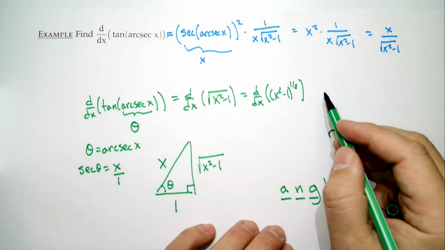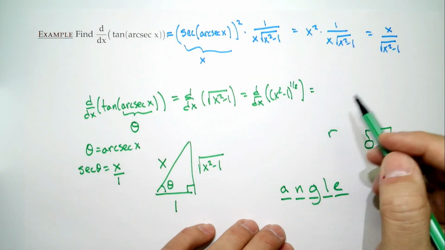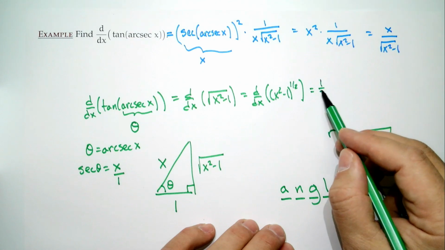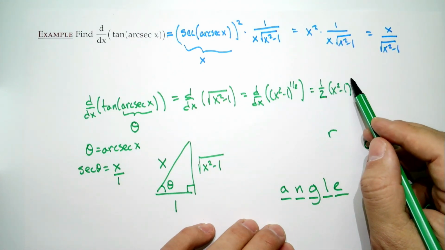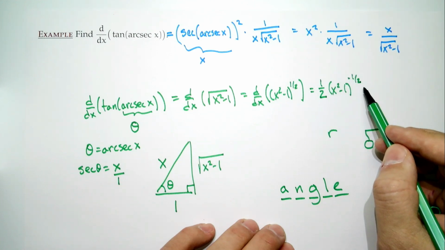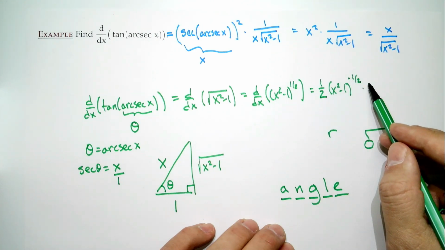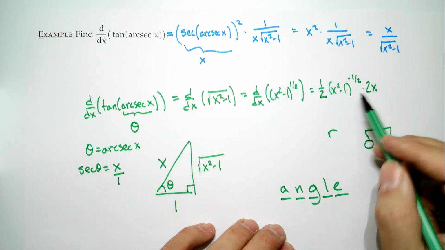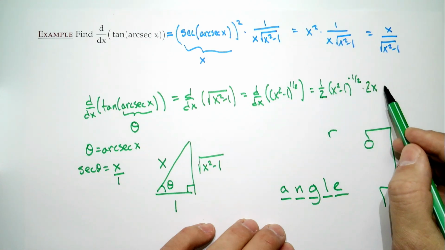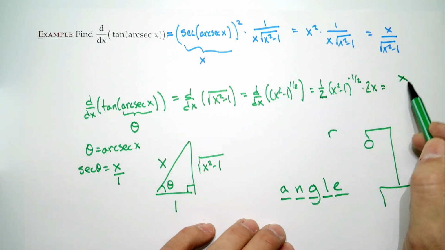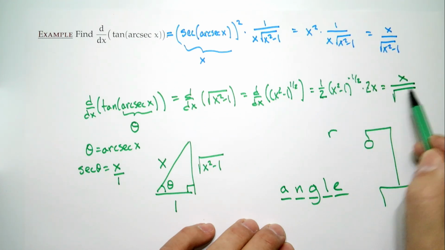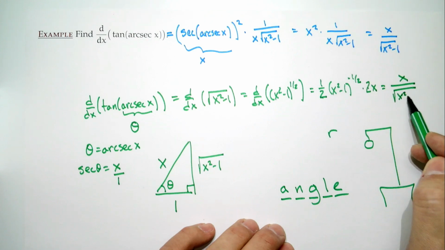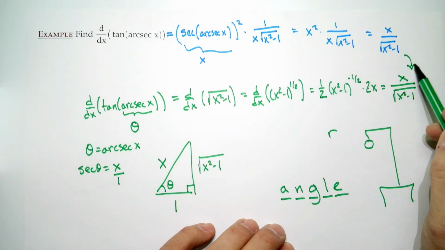So what happens? Half comes down. X squared minus 1 to what power? Negative 1/2. And then, derivative of the inside is 2x. The half and the 2 cancel. We're left with an x upstairs. This negative means it's downstairs is the square root of x squared minus 1. And you'll see these match.